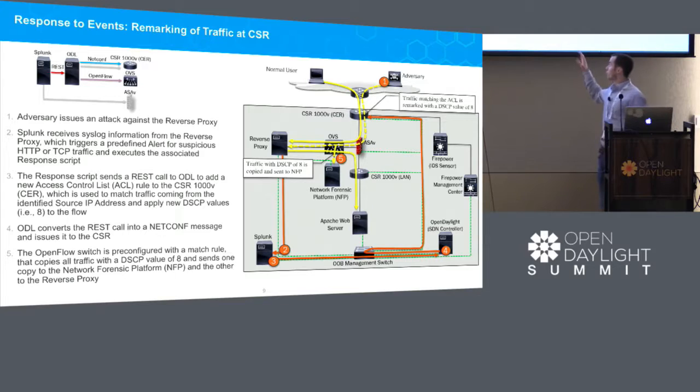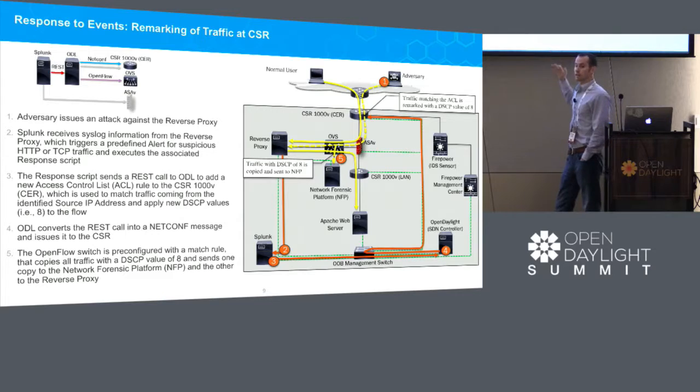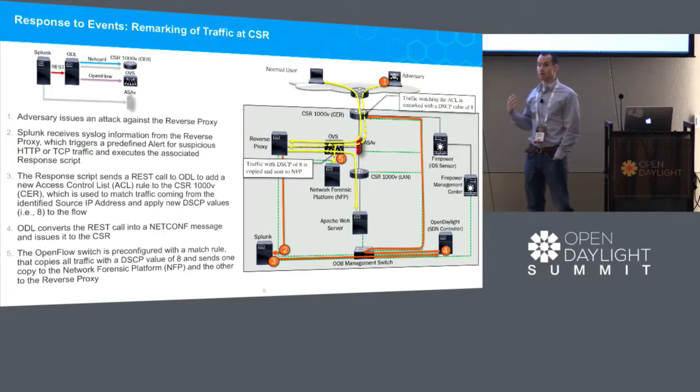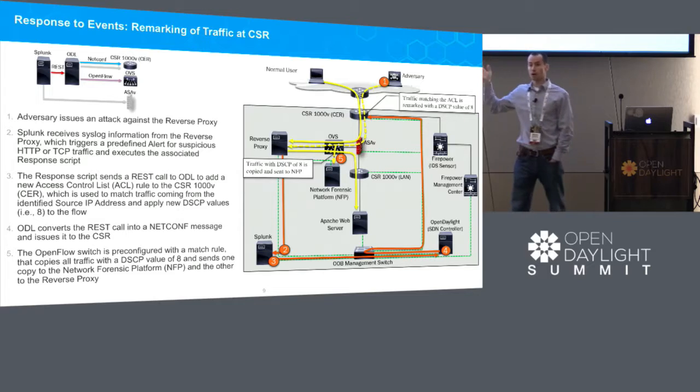So what's shown in the next couple slides is the sensor information is coming into Splunk right now. What's shown in 2 is really just showing the reverse proxy, but we're collecting the information from all of the sensors, like I mentioned before. It's just a little bit less busy to show the one flow. But what happens is we have an adversary that is attacking the reverse proxy.